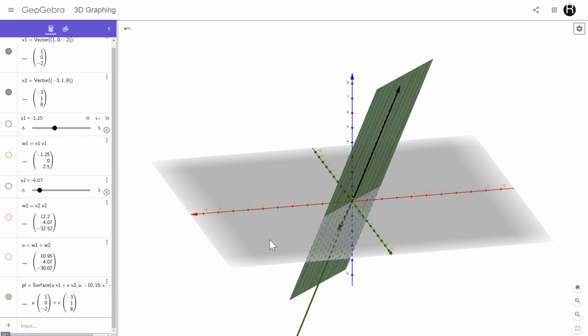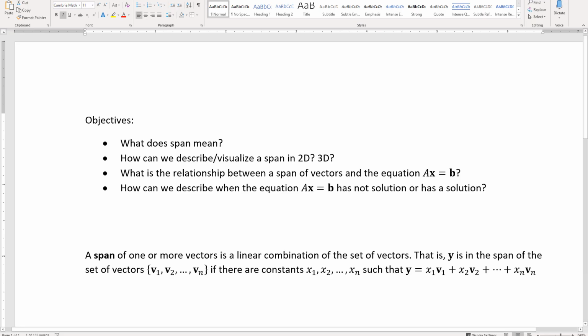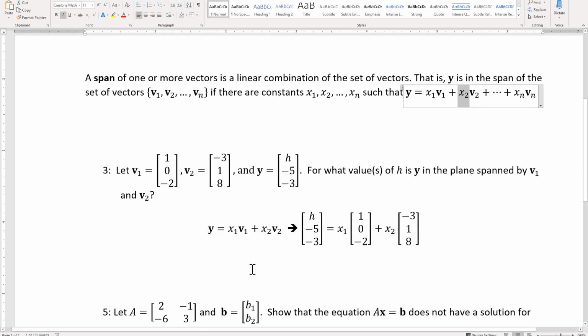All right, let's take a look at the problems that we were dealing with. Here's our first problem. We have these two vectors, and we have y equal to this. They ask for what value or values of h will make y be on the plane spanned by v1 and v2.